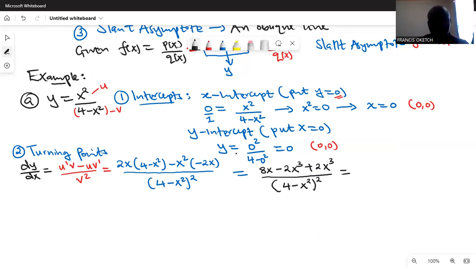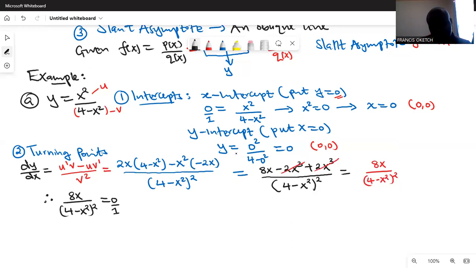So you see, 2x cubed will cancel with the other 2x cubed, so we get 8x over 4 minus x squared, and this was supposed to be squared. So equate that to 0 and solve for x. So therefore, 8x over 4 minus x squared, and this is again squared, is equals to 0.